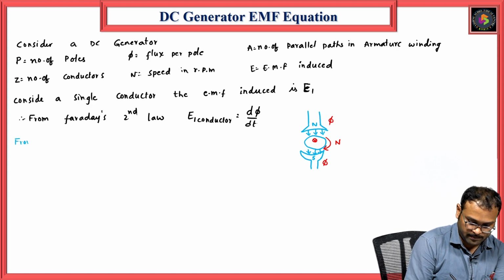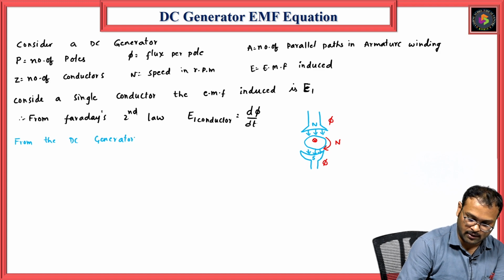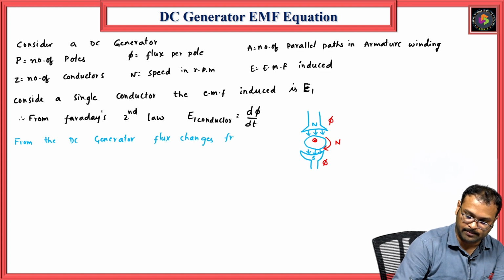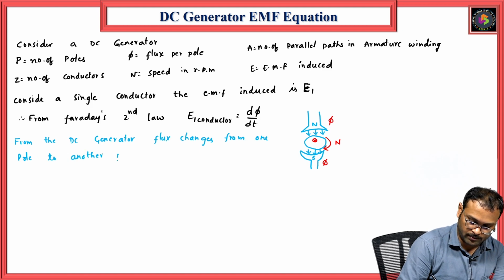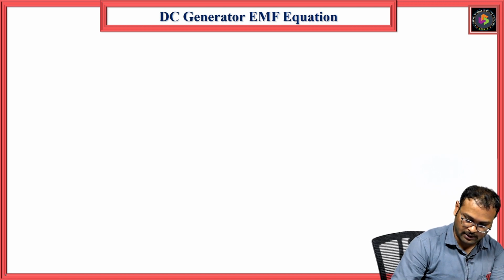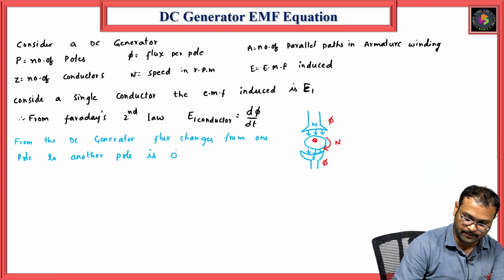In the DC generator, the flux changes from one pole to another pole by phi.